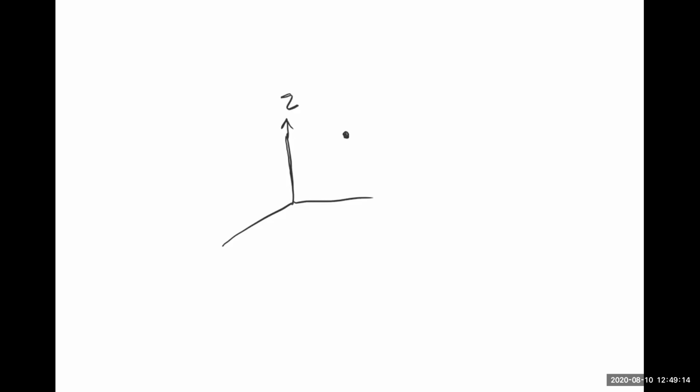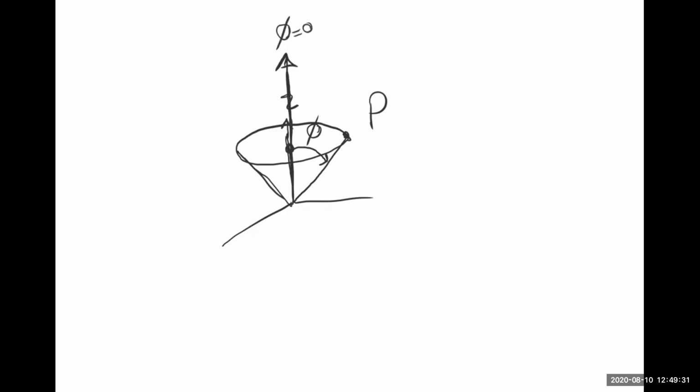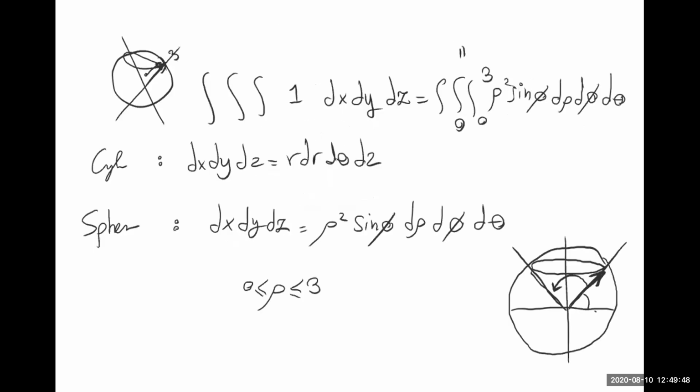If I have any point P here, phi would be this angle. Now, if I have this cone inside this sphere, the angle goes from 0 on the z direction itself. Phi becomes larger and larger up to this cone itself, and on this cone, it's pi over 4. So phi goes from 0 to pi over 4.